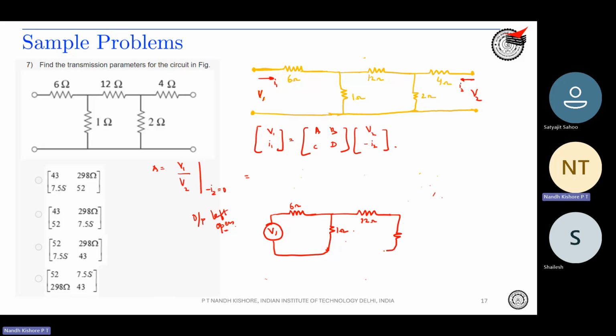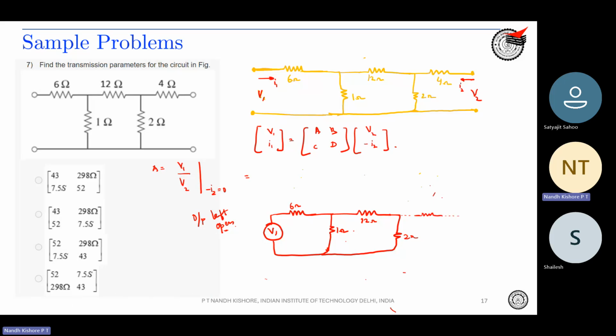This is your 2 ohm. Now the output is left open, so there is no current I2. So I2 is 0. If I2 is 0, it means that there is no drop across your 4 ohm resistor, correct?